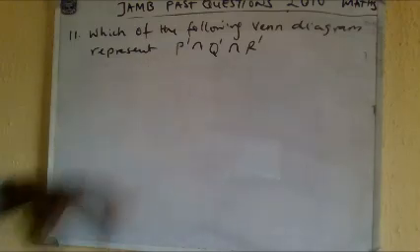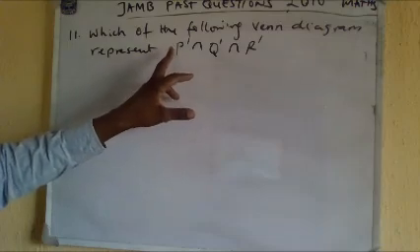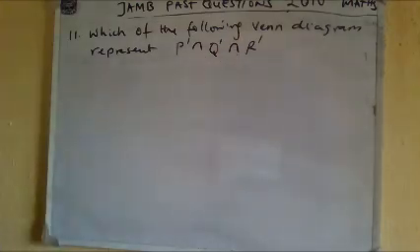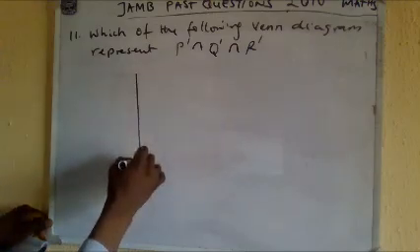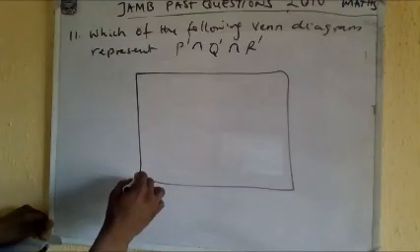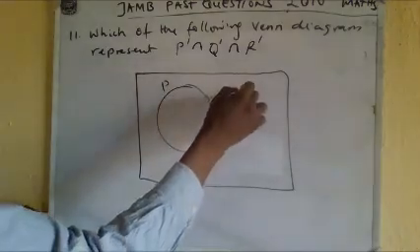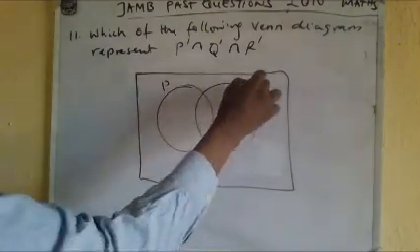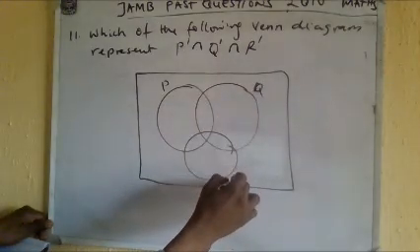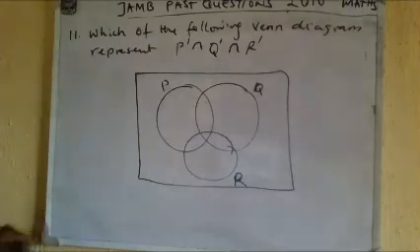Now the Venn diagram contains sets P, Q, and R. First of all, there's always a universal set that looks like this. You draw it in a rectangular form. So I have set P, I have set Q, I have set R. Now this operation shows that they are intersections.